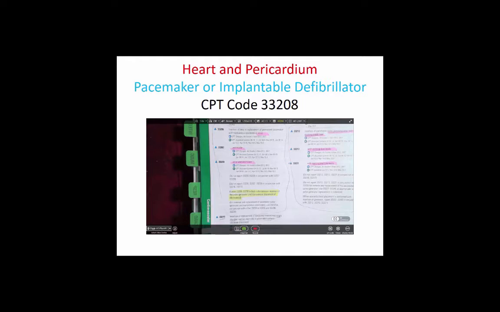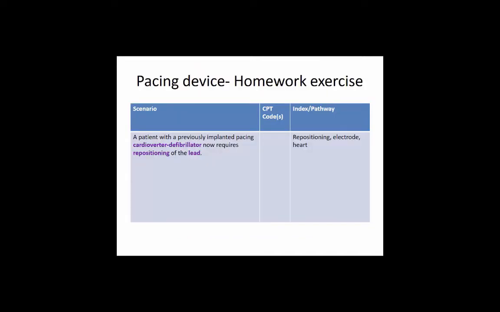And our answer is 33208, which is read insertion of new or replacement of permanent pacemaker with transvenous electrode, atrial and ventricular. Also, be sure and read those notes that are under the codes. I've highlighted here a reminder to me that subcutaneous insertion of the generator and transvenous placement of the electrodes is included.